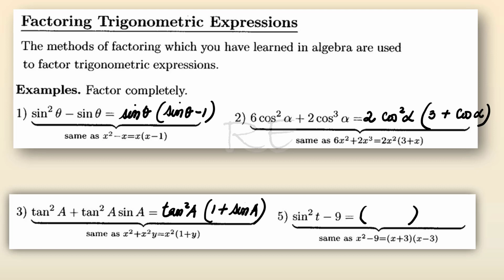And sine squared t minus 9, difference of two perfect squares. Sine squared t is sine t times sine t, plus 3, minus 3, difference of two squares.